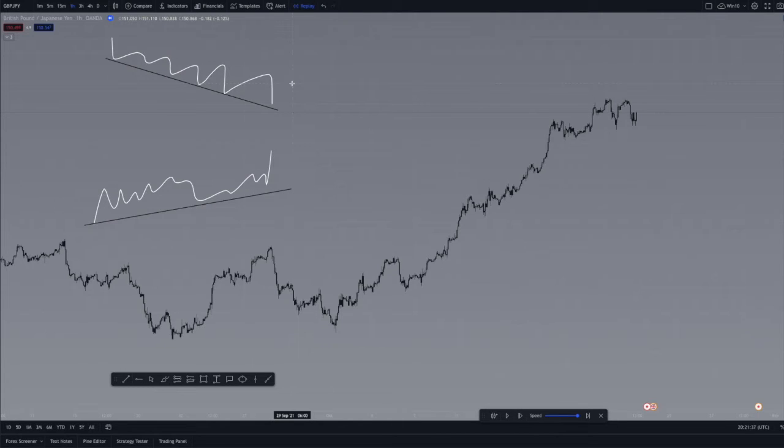Right now it is trending downwards, and there's one of three things that can happen. Price can reverse and go to the upside, price can continue to go to the downside, or price can just start trading within a range.